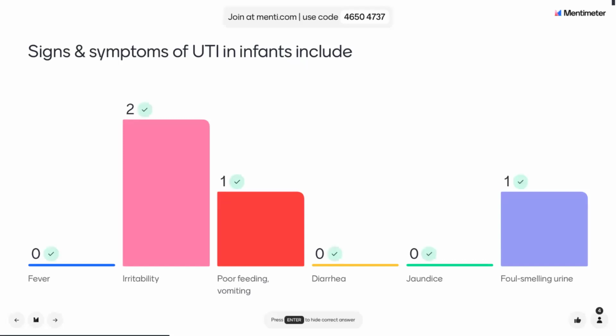So, any of these can be a symptom of a UTI in infants. Like I said, they're very vague. They just kind of don't feel good, and that tends to be how they present with a urinary tract infection. So pretty much a UTI can be a differential diagnosis anytime they come in.